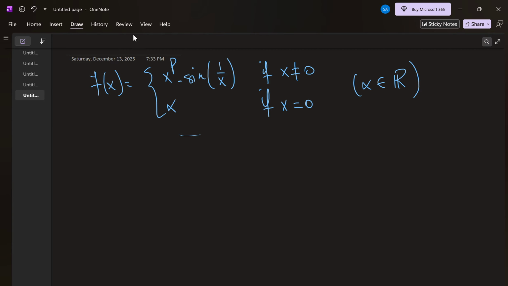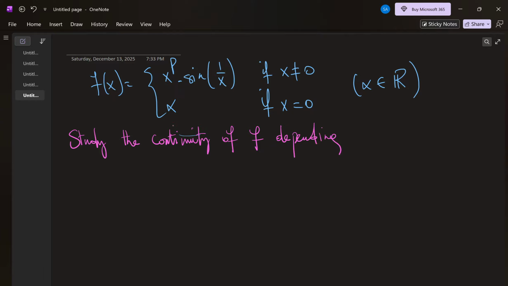So here we will study the continuity of f depending on alpha and p.